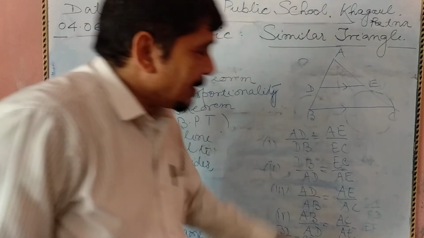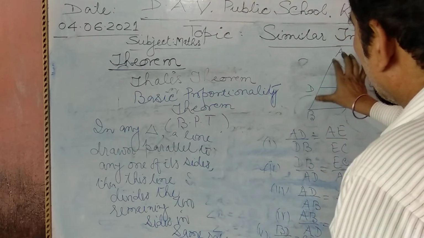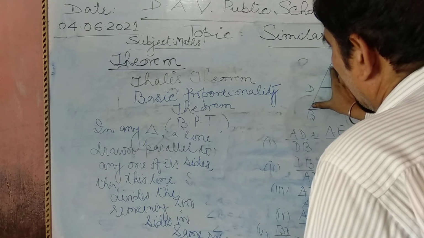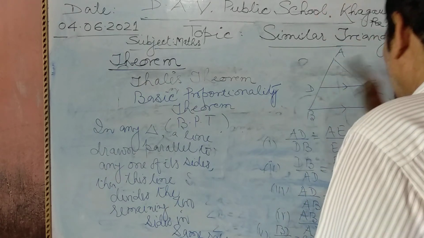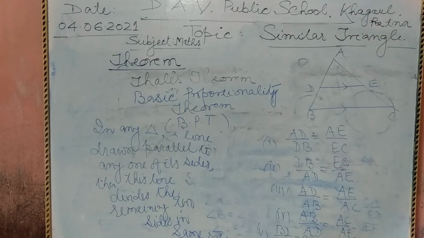Like this, there are six relations between the sides AB and AC of the given triangle ABC. Okay, the main thing is, whatever relation you make in the side AB, the same relation should be in the other remaining side AC of triangle ABC.